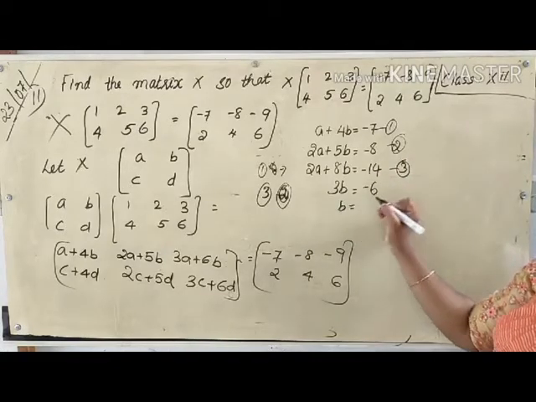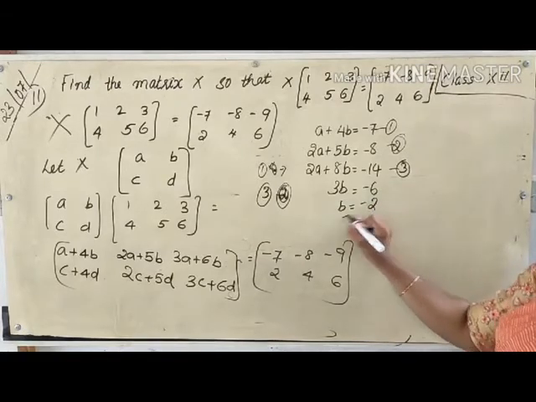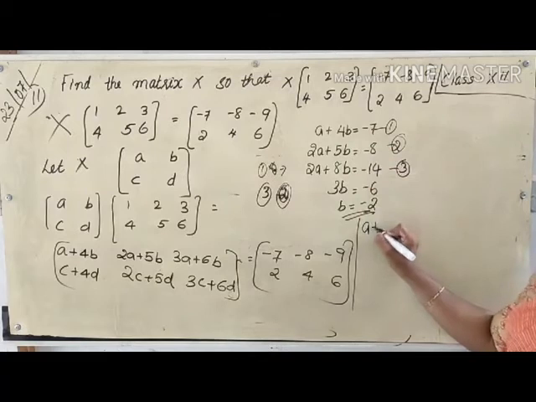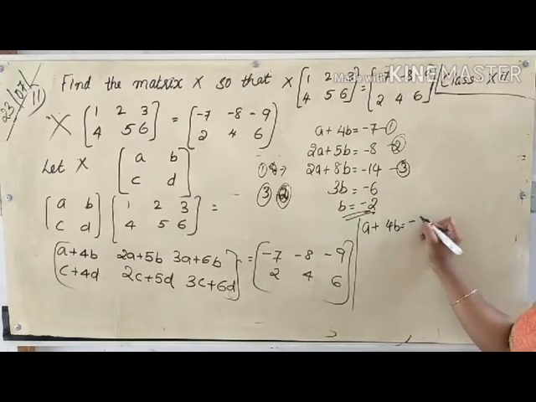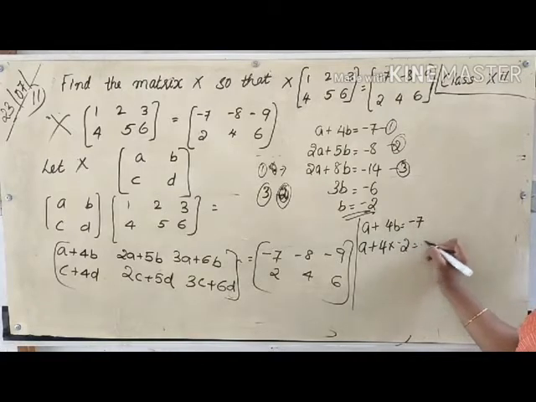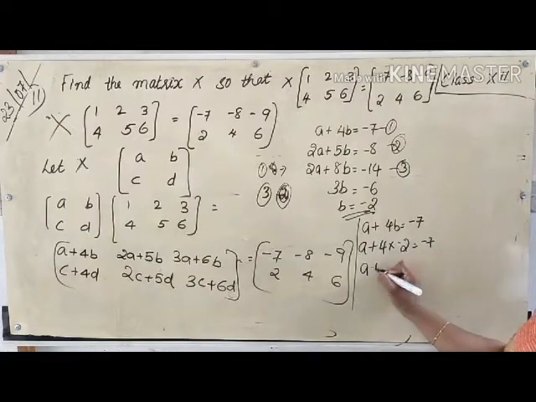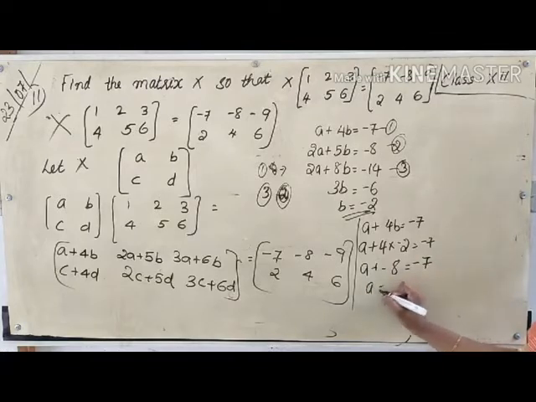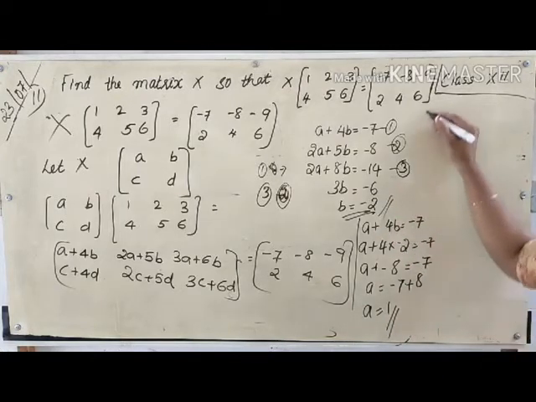We get B is equal to minus 2. If B is equal to minus 2, what is A? A plus 4B is equal to minus 7. A plus 4 into minus 2 is equal to minus 7. A plus minus 8 is equal to minus 7. Then A is equal to minus 7 plus 8. That is A is equal to 1. We get A is equal to 1, B is equal to minus 2.